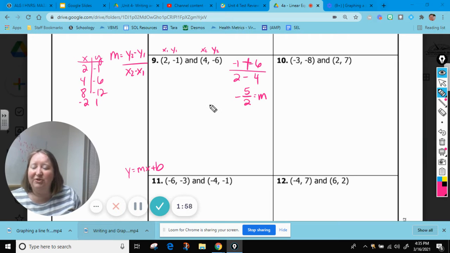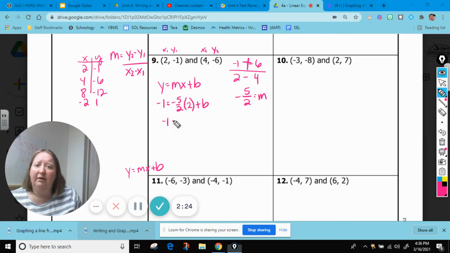So you have 2 options. You could use the point-slope method, or you could just substitute it into y is equal to mx plus b. Just pick whichever point you want to use. We're going to use -1 is equal to -5 over 2, plugging in the slope, times 2 plus b. -1 is equal to a negative and a positive is going to make a negative answer. 5 times 2 is 10, divided by 2 is back to 5 again.